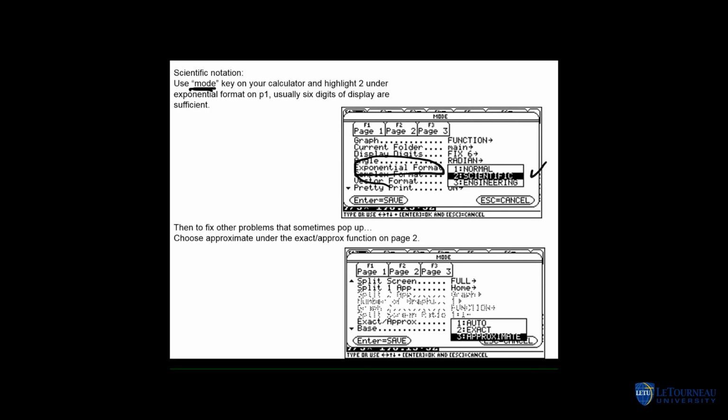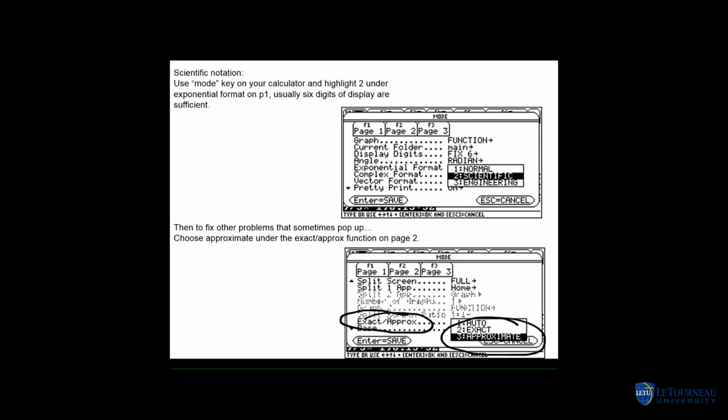Also, it's helpful to lock your calculator in what we call approximation mode. Under exact or approximate, choose approximate because this will give you a decimal answer rather than something like pi. Pi may be good for the math people, but it's not so good for us in the sciences. So make these 2 adjustments on your calculator, and that should help clear up a few things as we go on.